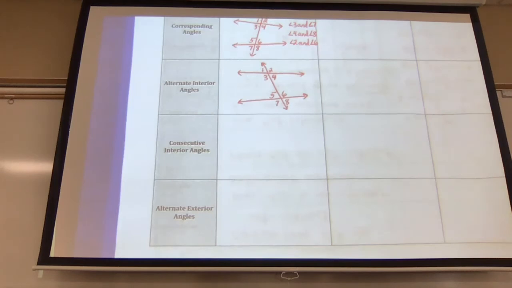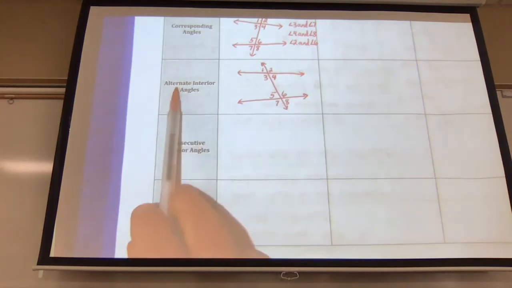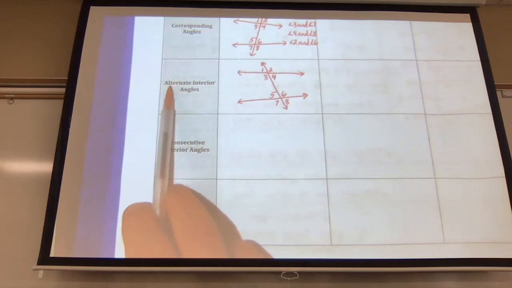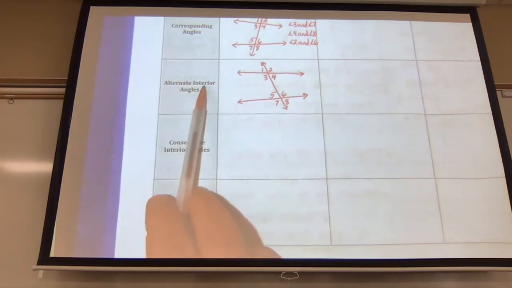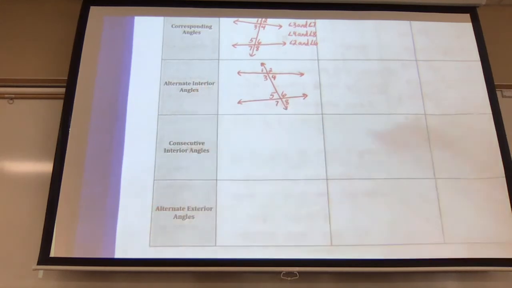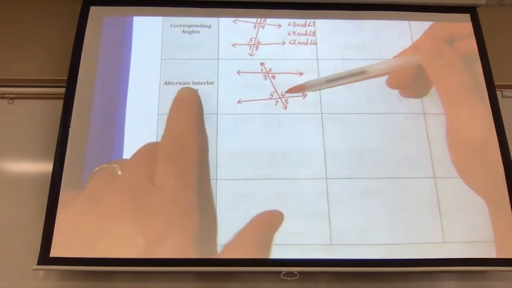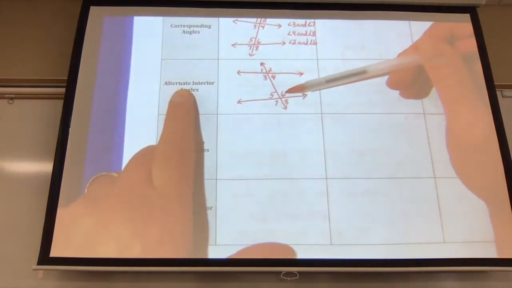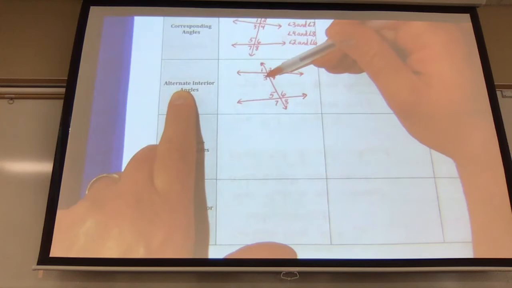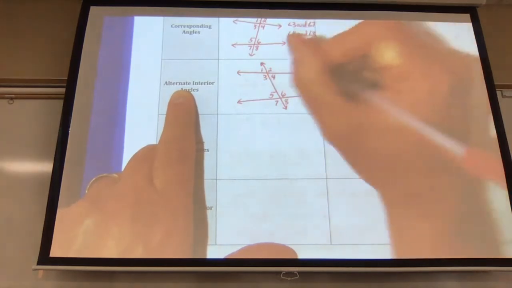Now, when it asks for alternate interior angles, alternate means they're going to be on opposite sides of the transversal. And then we know what interior angles are. Interior angles are on the inside of the lines being intersected. So our interior angles are 3, 4, 5, and 6. Alternate means they're going to be on opposite sides of the transversal. So one of the sets of alternate interior would be 3 and 6.